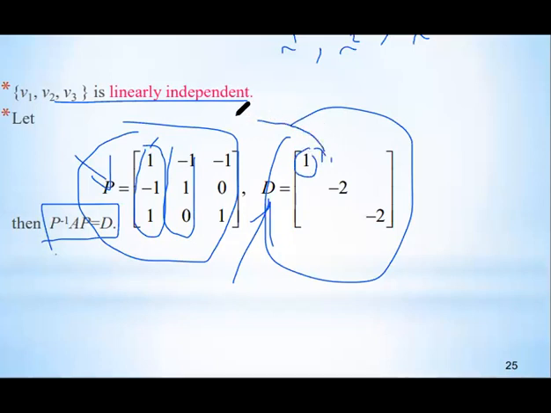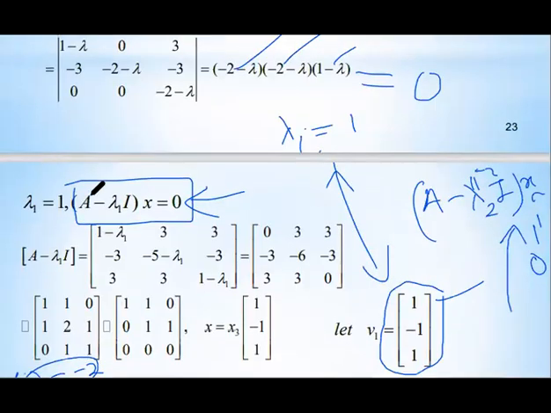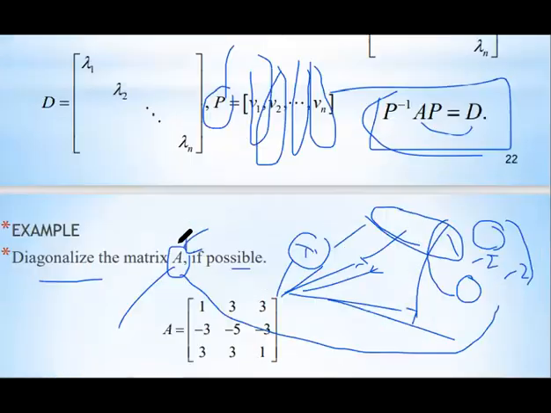The second eigenvalue has its corresponding eigenvector here, and the third is this, something like that. So P is invertible, and this is your diagonal matrix. This matrix A is diagonalized like that. You can check that. I will give some exercises to help you understand it. All right, do you have any questions?